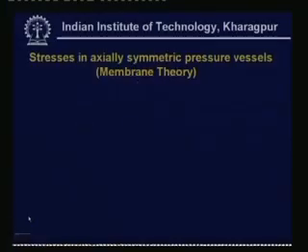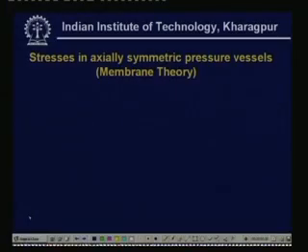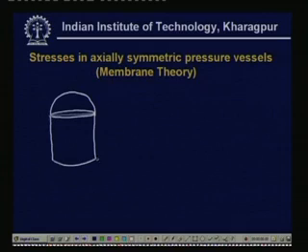Now, we come to another thing, that is the stresses in axially symmetric pressure vessels. Now, there are various kinds of axially symmetric pressure vessels. There may be pressure vessels like this. For example, this is one axially symmetric pressure vessel of joint of various sections.